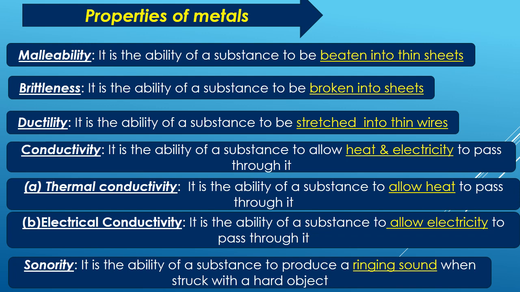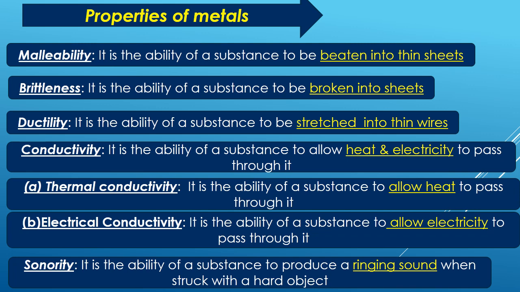All the elements that show these properties are metals, and the elements that do not show these properties, or we can say those elements that are not malleable, not lustrous, not ductile, not brittle, are all non-metals.